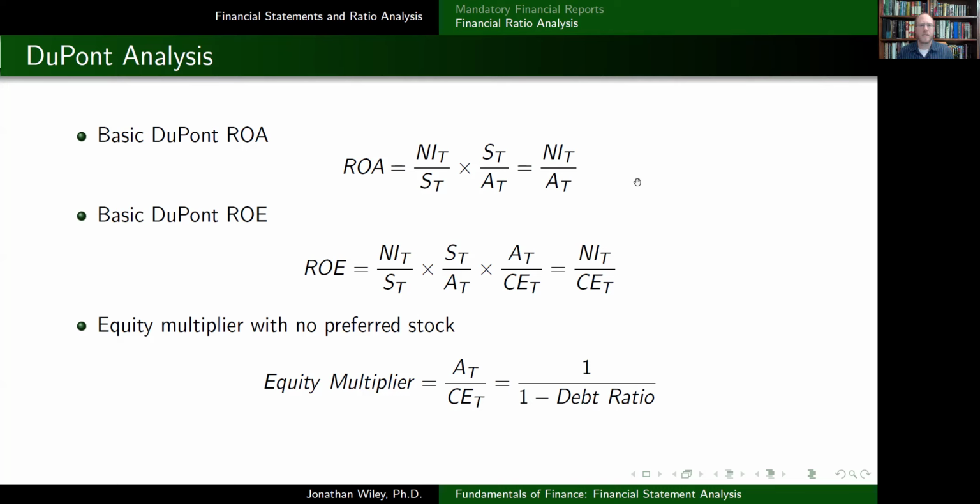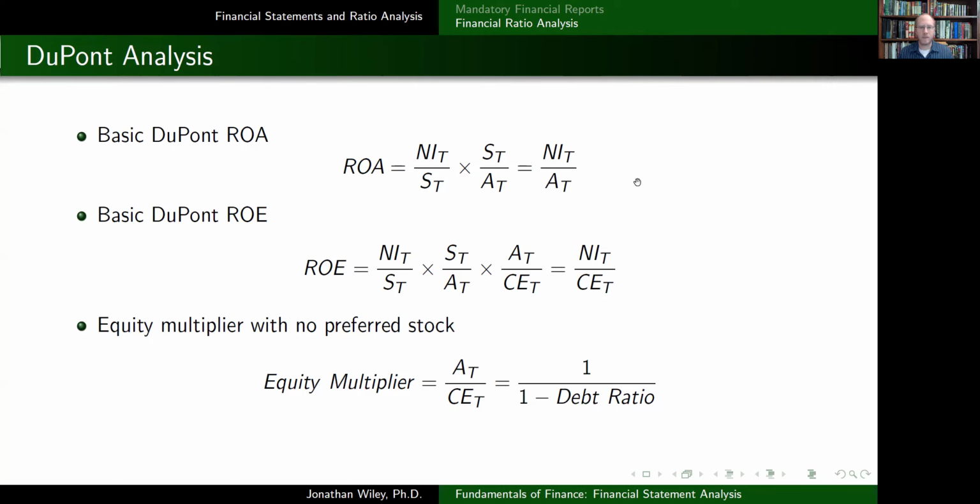We just sell to everybody at the lowest cost possible. So their profit margin is probably lower, but they may have a much higher total asset turnover. And so I could have two different businesses that get very similar return on asset figures, but due to very different business strategies, different approaches. And that's kind of one of the reasons why we look at the DuPont, is to understand how I got to this end result.